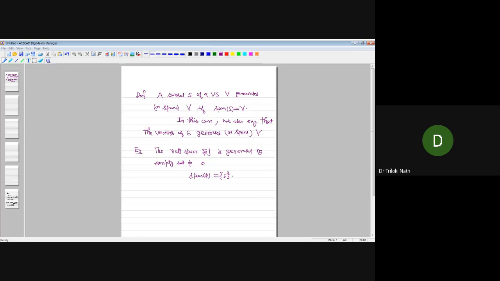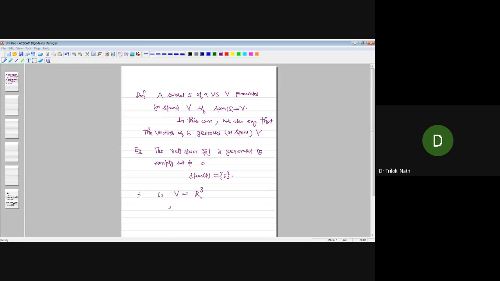Okay. So this one is trivial. The null space 0 is generated by the empty set. Let us come to a non-trivial example. Suppose the vector space V is R3, which is a vector space under usual addition and usual scalar multiplication.